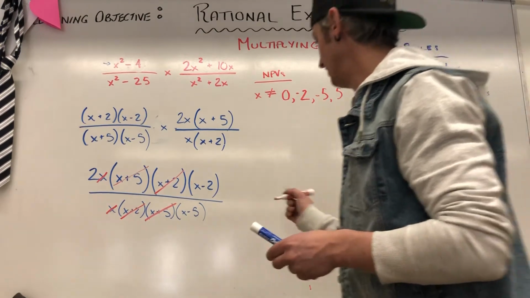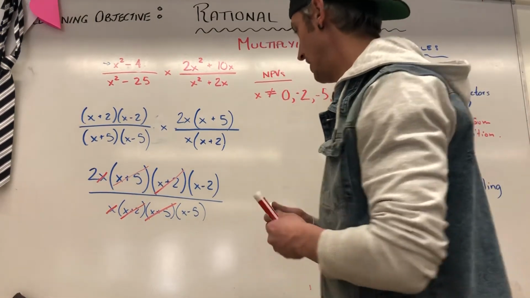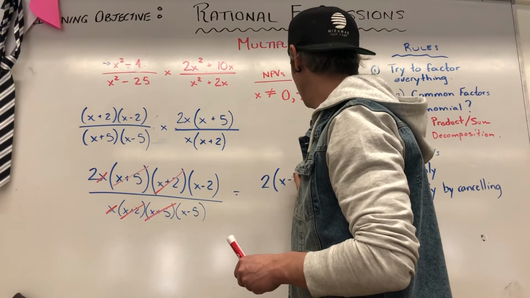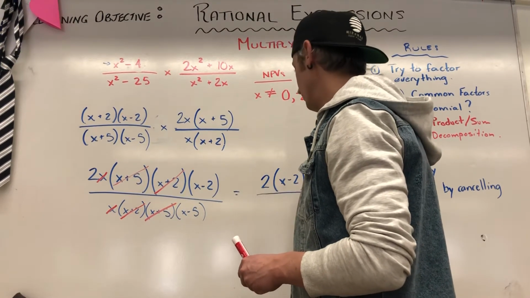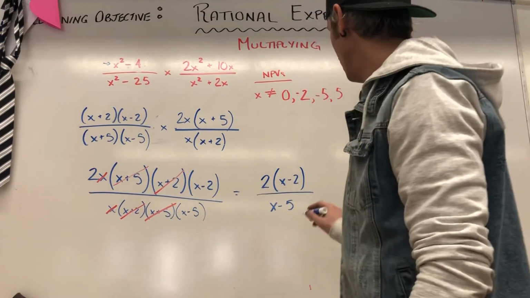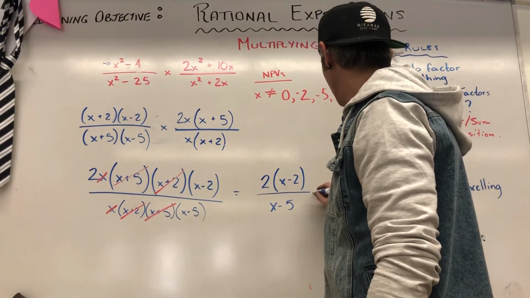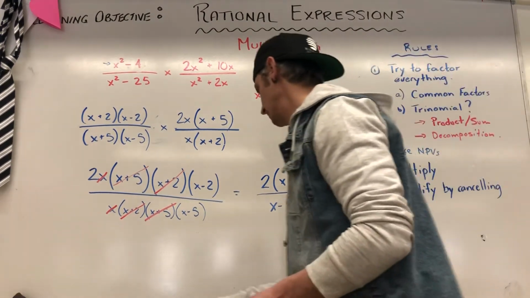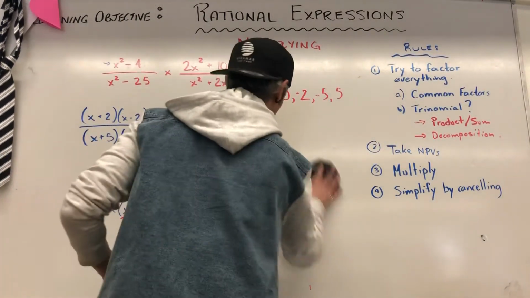And I can rewrite this as 2x minus 2 over x minus 5, where x cannot equal, okay, I'm going to write it right here.